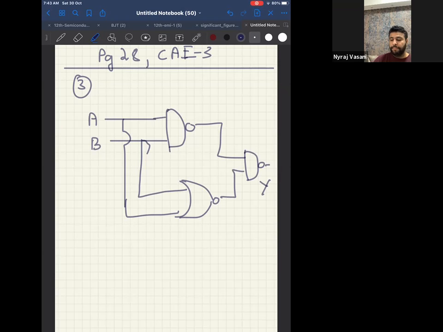Start. Means A, B, and Y, you have to produce the truth table. Means A, B, and Y, input and output. 0, 0, 0, 1, 1, 0, 1, 1.